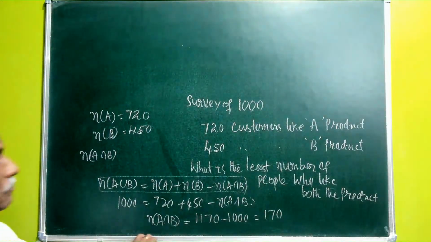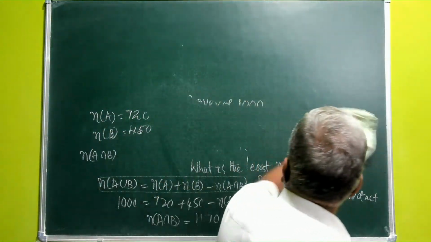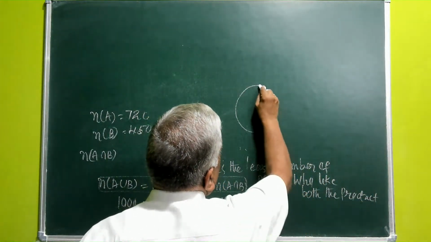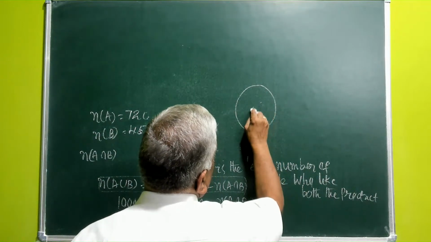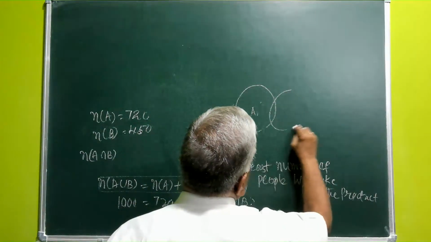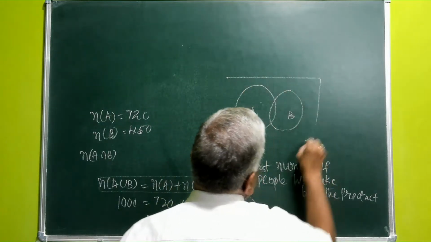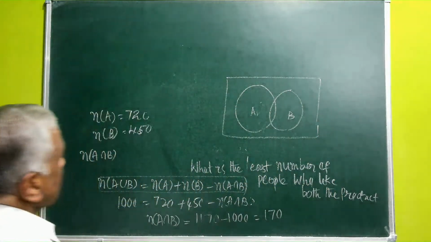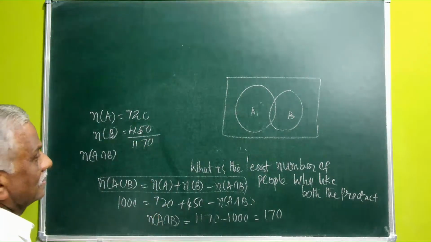I just suggest you one more method for these types of problems using Venn diagram. Now, you have got people liking product A and people liking product B, and the entire has got 1000 people. See, you just add these two, you get 1170.